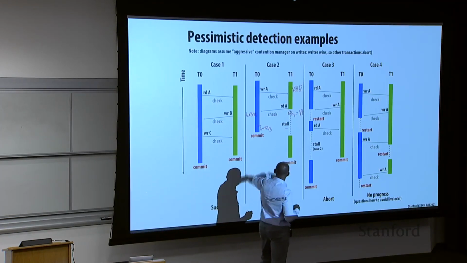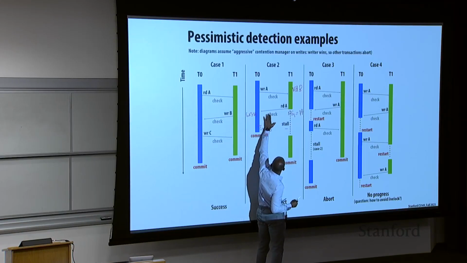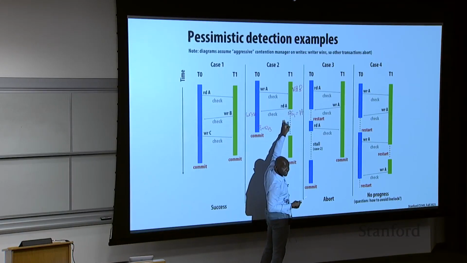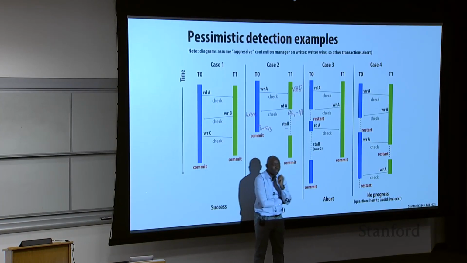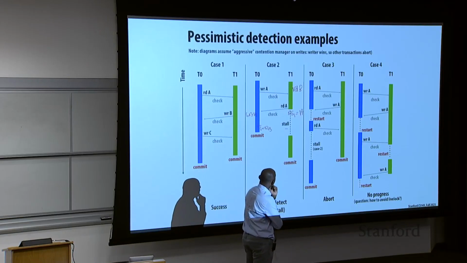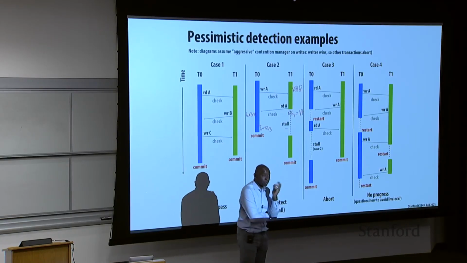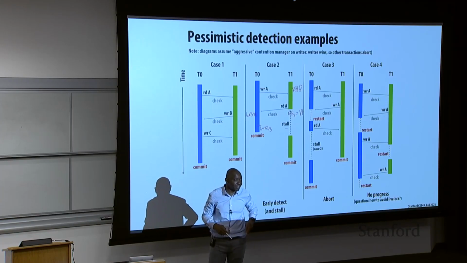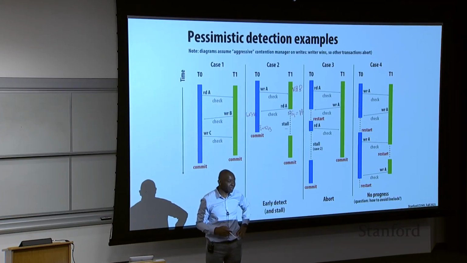So in this case, you want to cause T0 to abort. Is this what you're asking? Yeah. I can't see why you'd want to do that, but possibly. But I've never seen a system that works that way.